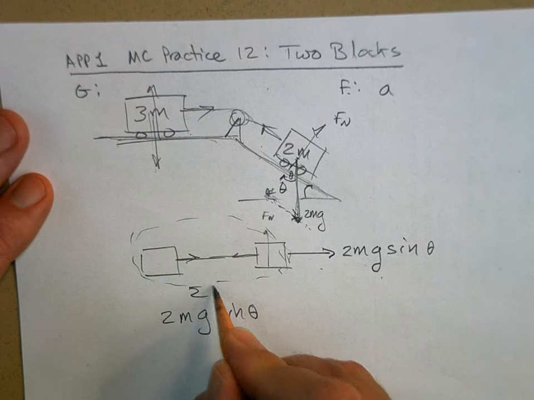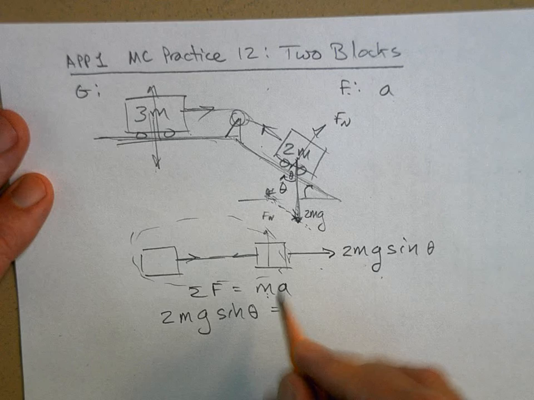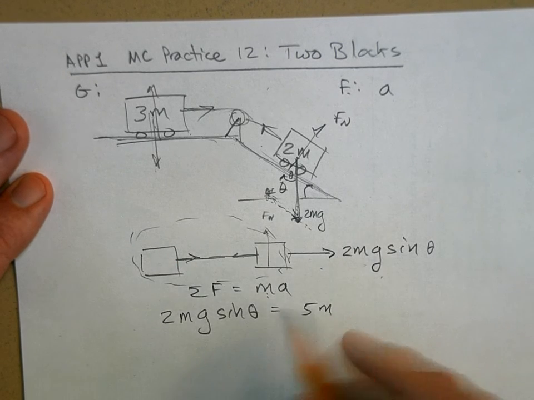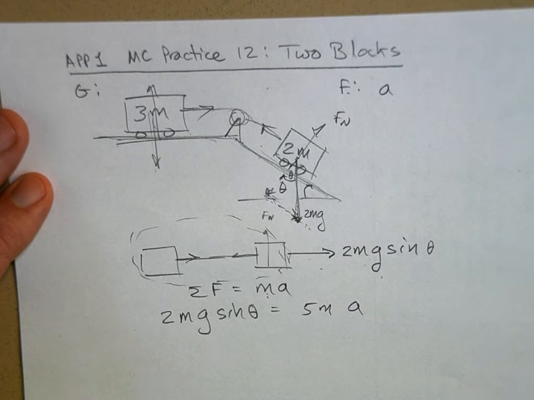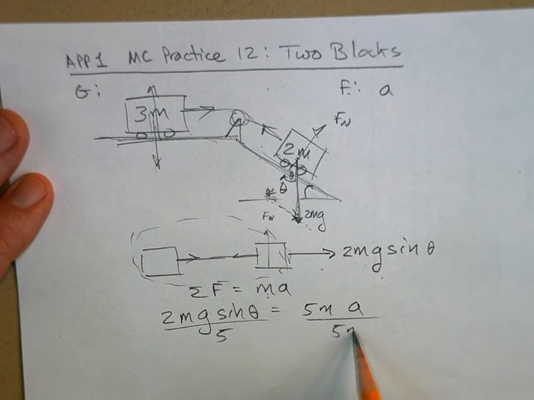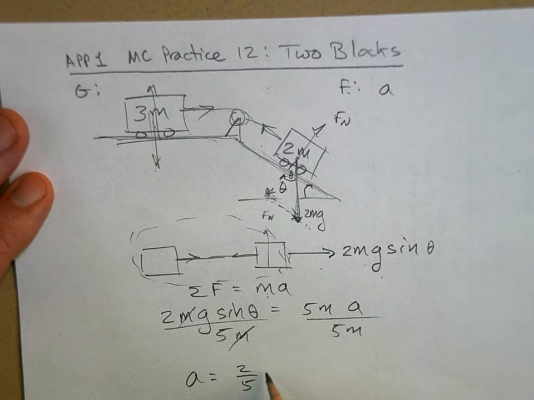If I sum the forces acting, that equals ma. But what is the total mass? Well, 3m plus 2m is 5m times a. And so I'm going to divide this by 5m. Okay, and so the acceleration I get, well, the mass cancels, so I get 2/5 g sine theta.